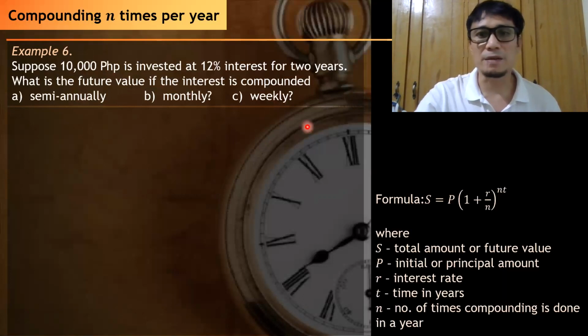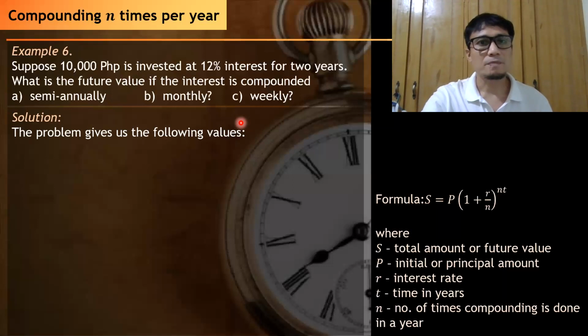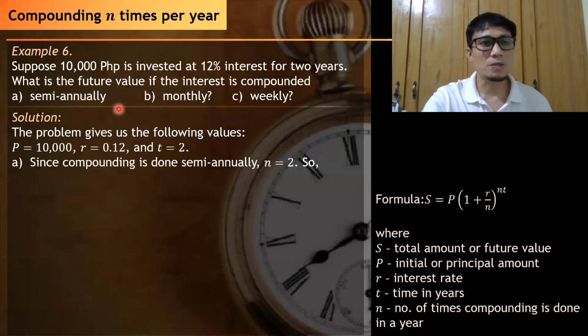So let's start with letter A. Again, we have the formula, so we only need to plug in the given. Your P is 10,000, R is 0.12 and T is 2. For letter A, compounding is done semi-annually, so that means your N is equal to 2. Semi-annually means 2 times in a year.